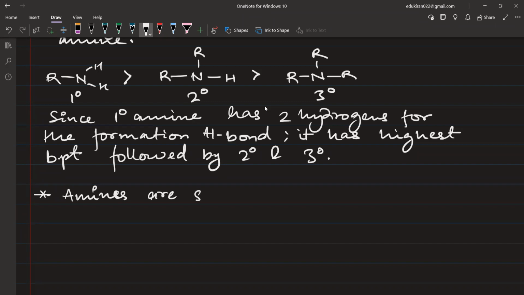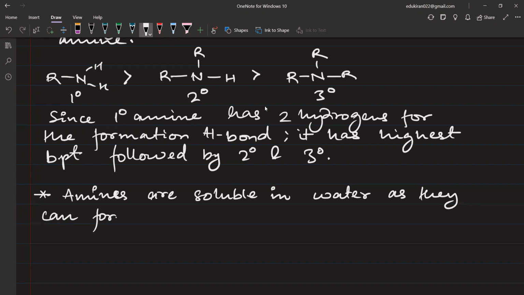Amines are soluble in water as they can form hydrogen bonds with water.